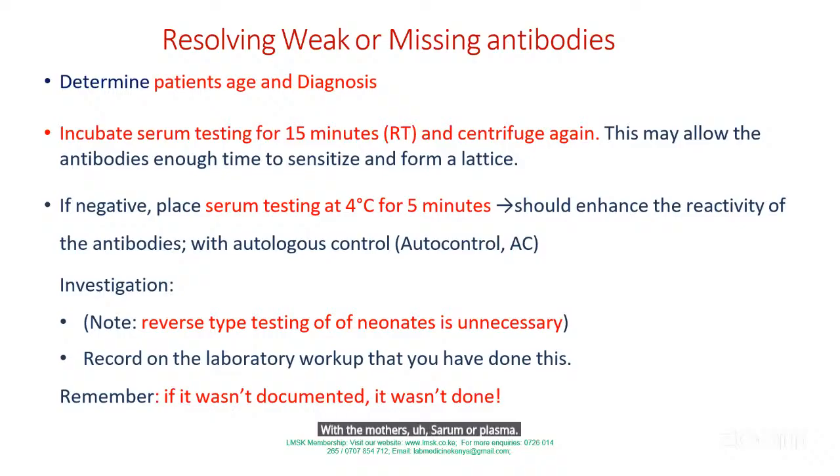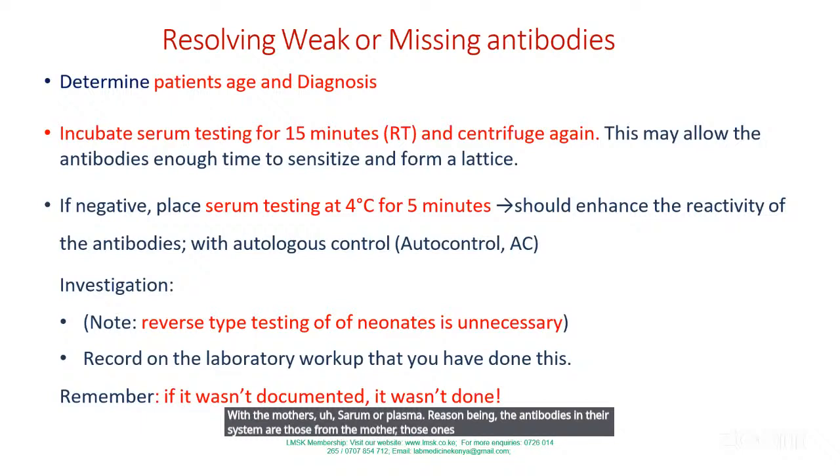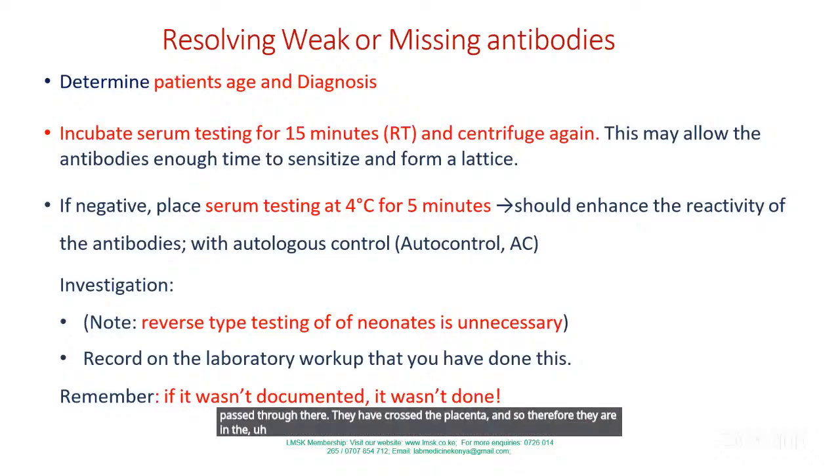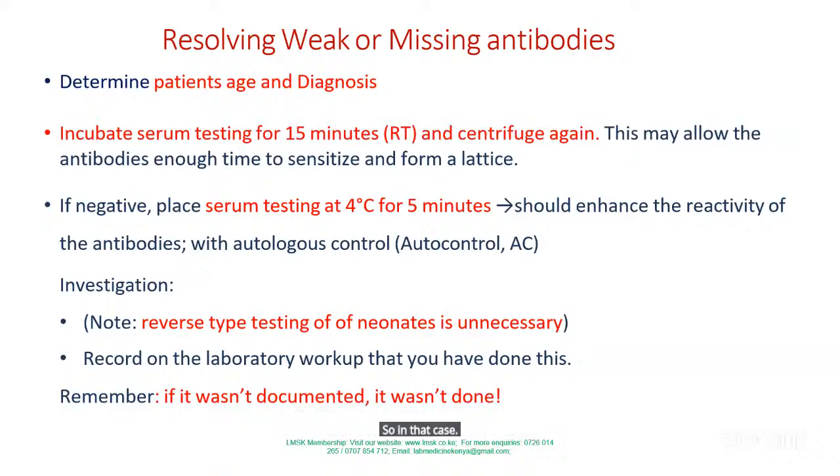Reason being, the antibodies in their system are those from the mother, which have crossed the placenta and are therefore in the system of the neonate. So you cross match with the mother's serum or plasma so that you give them units that are compatible with the mother's antibodies. With that, you are likely to avoid transfusion reactions in this particular group of patients.